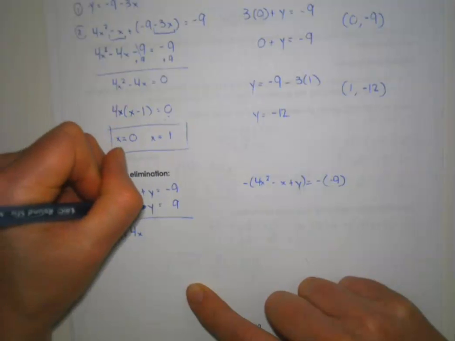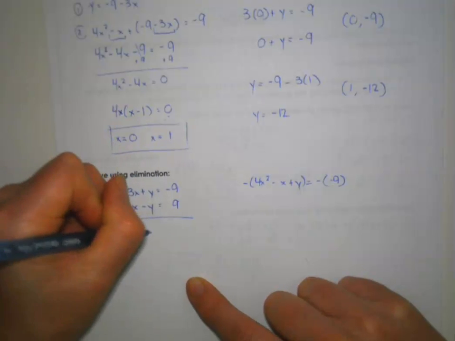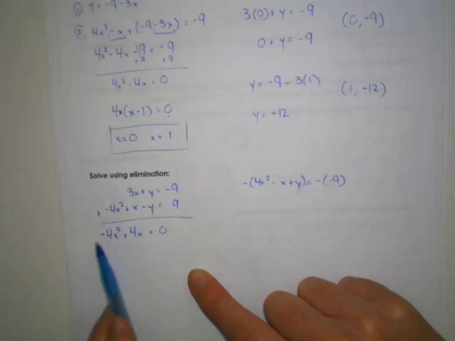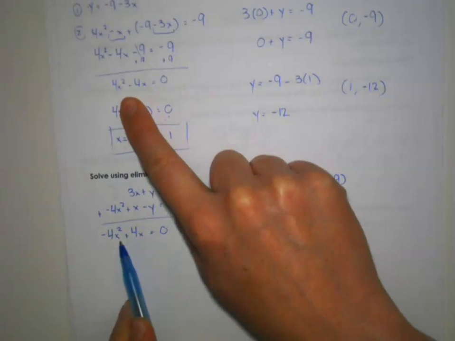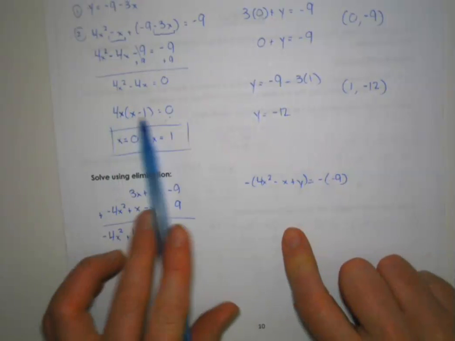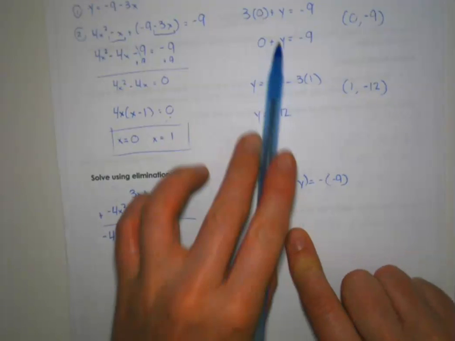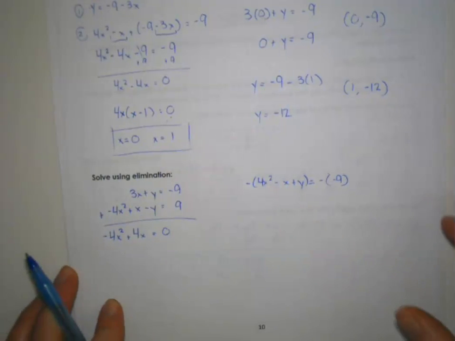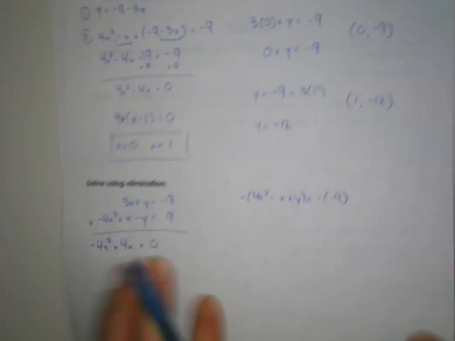Positive y minus y is 0. -9 plus 9 is 0. So we see that we end up with exactly what we had up here, 4x squared minus 4x equals 0. And from there, you would just factor the same way we did and then do your substitution to solve for y. Okay, so everything else is the same. It's just that basic beginning that you would start out with. That's going to be a little bit different.